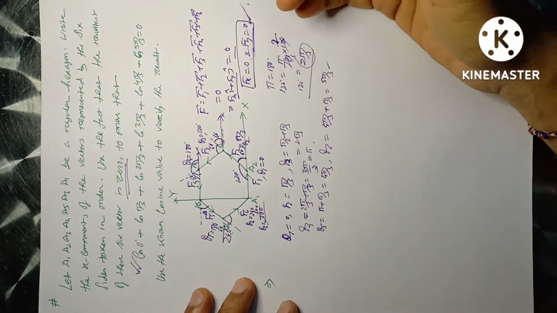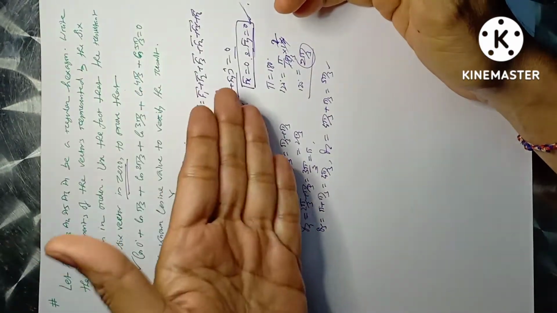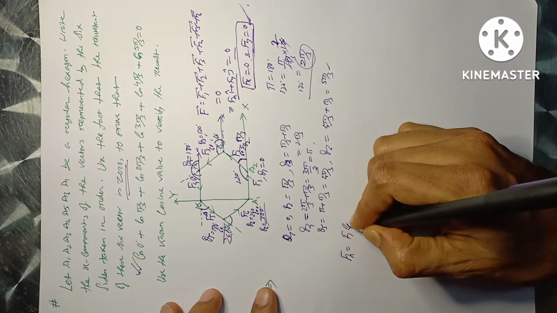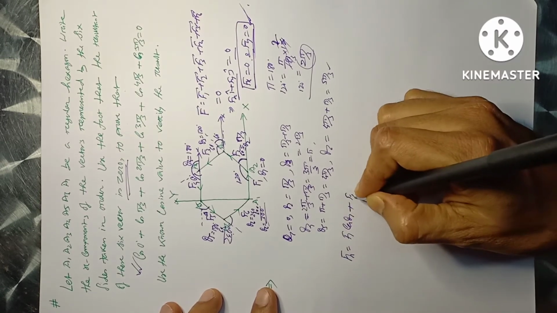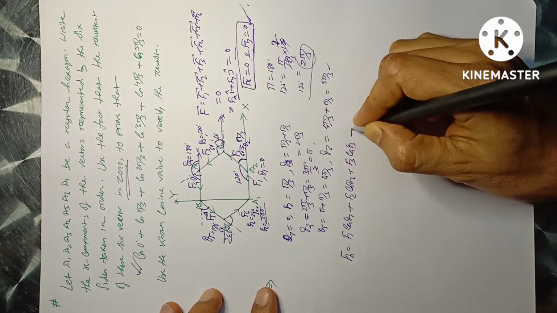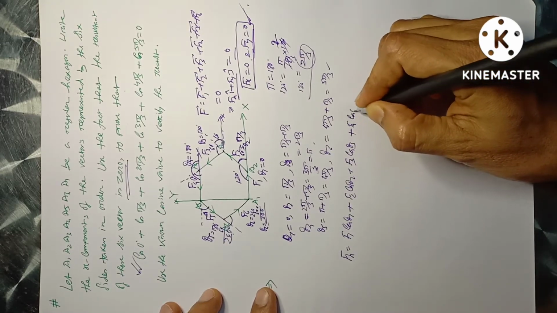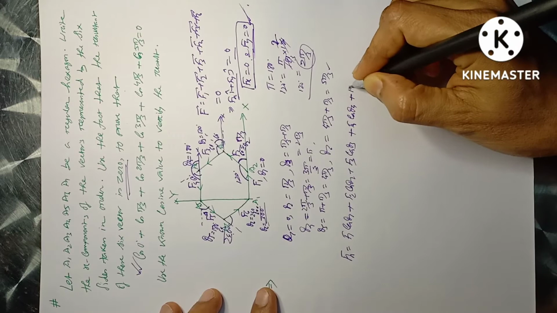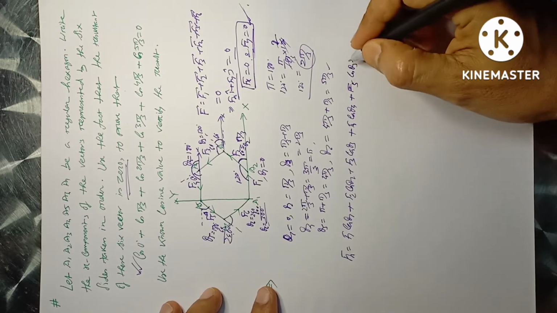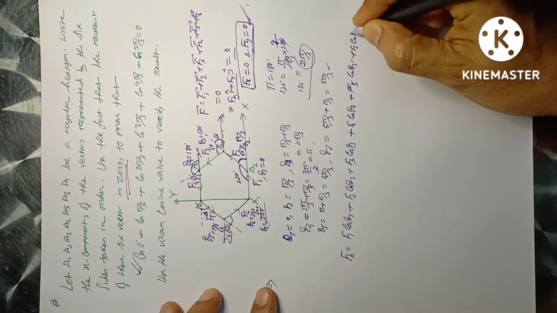Now we can calculate the x component of the resultant vector as fx equal to f1 cos theta 1 plus f2 cos theta 2 plus f3 cos theta 3 plus f4 cos theta 4 plus f5 cos theta 5 plus f6 cos theta 6.